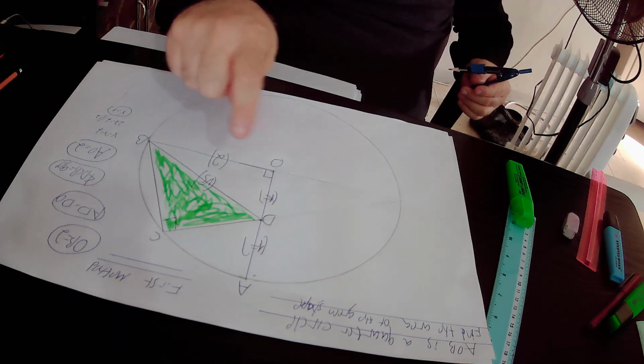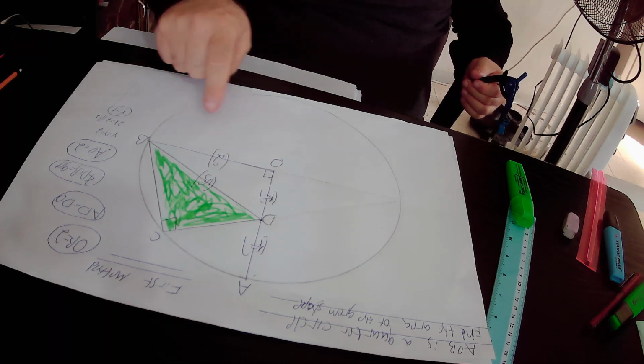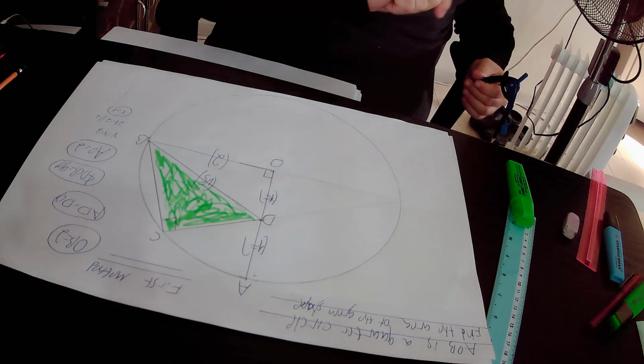So we completed the quarter circle to a circle, and we'll extend the radius BO by a straight line until it touches the circle.